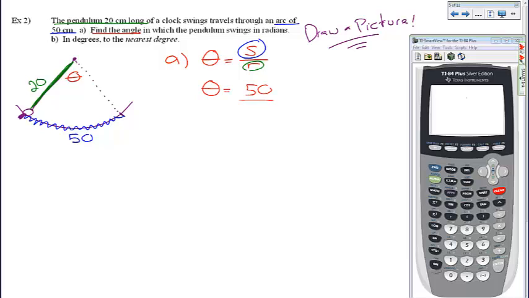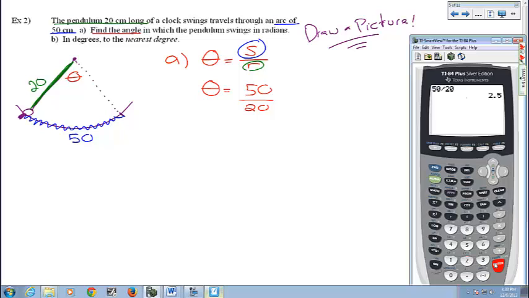Now I simply substitute theta equal to 50 over 20. I plug this into my calculator and I get a value of theta equal to 2.5. Remember, this is 2.5 radians. This formula will always give you a measure of your central angle in radians.